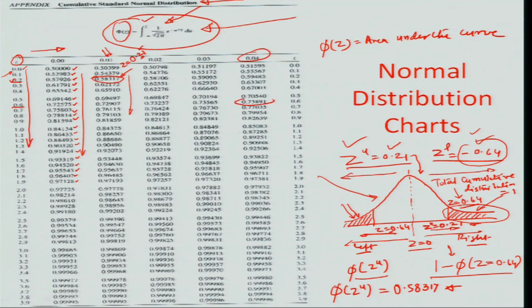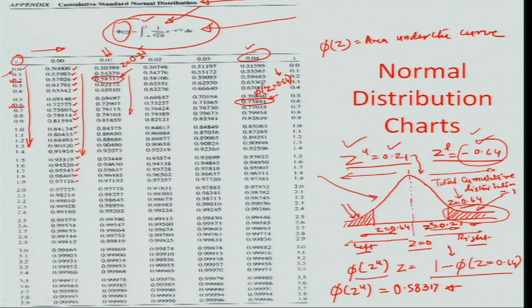So the value here, 0.73891, corresponds to the cumulative distribution function for z equal to 0.64. That is the value of the numerical integral, 0.73891, recorded for z equal to positive 0.64.